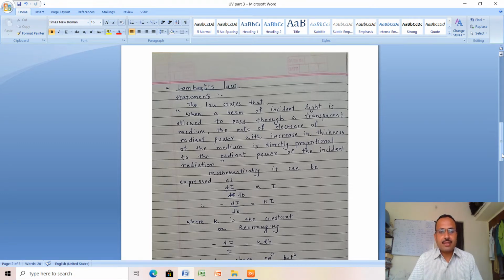The minus sign indicates the decrease in incident light with respect to the path, that is the thickness of the medium. Therefore minus dI upon db is equal to kI, where k is a proportionality constant.